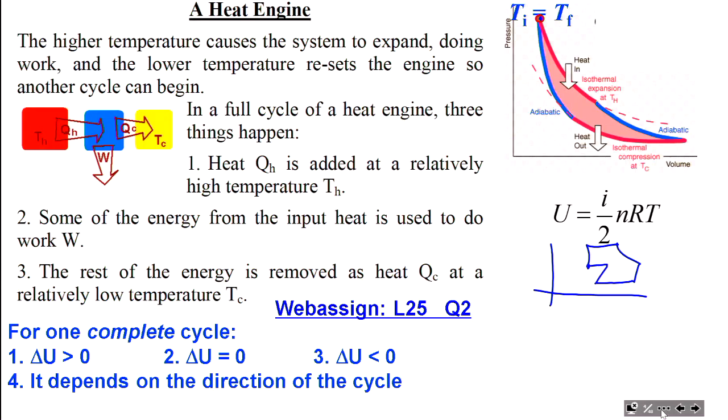The initial state and the final state should have exactly the same temperature, which means the internal energy shouldn't change over the whole cycle. For one process, it might increase. For another process, it might decrease. But over the whole cycle, it does not change.